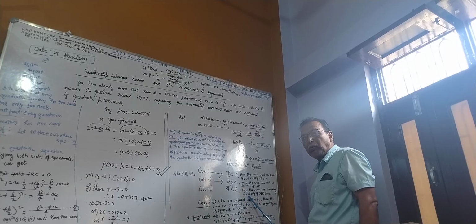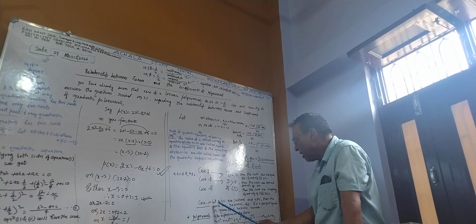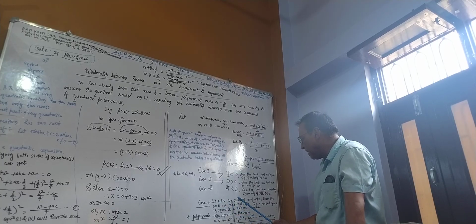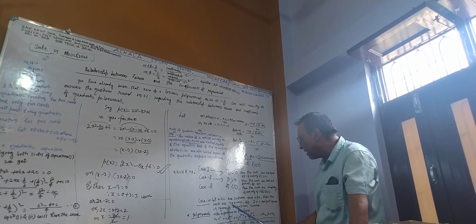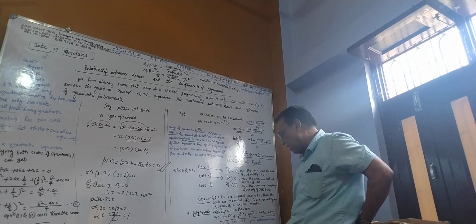In case 3, D is less than 0, then the roots are imaginary, if and only if D is less than 0. In case 4, let a, b, c be rational and a is not equal to 0, then the roots are rational if and only if D is a perfect square, that is, the square of a rational number.